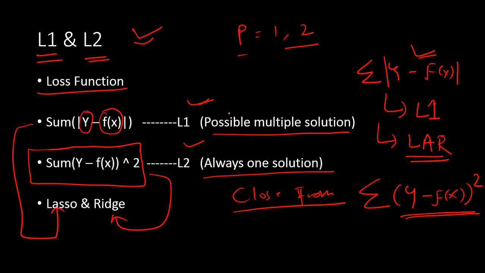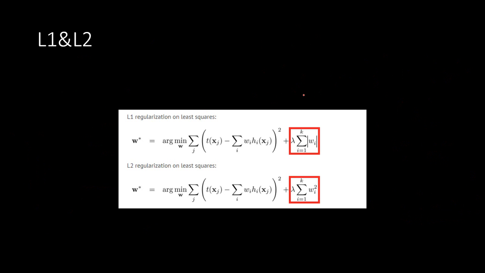So how do we relate this to regularized terms? Now we have learned about the L1 and L2 loss functions, but what is L1 L2 regularization? Here is what L1 and L2 regularization are. In L1 regularization, we add a regularized term to the least square.